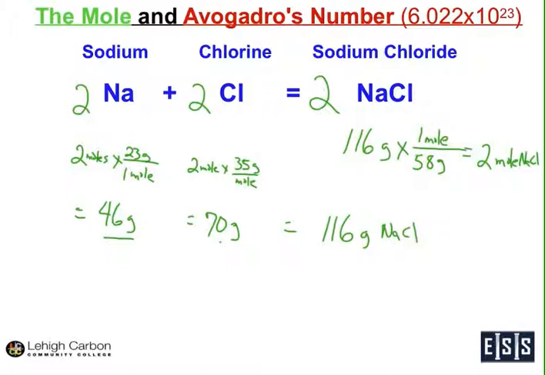So using the chemical equation and this unit of measure, the mole, we can deal with everyday values of masses of atoms and molecules. If we wanted to make about 116 grams of table salt in the lab, we would need 46 grams of sodium and 70 grams of chlorine in order to do that.